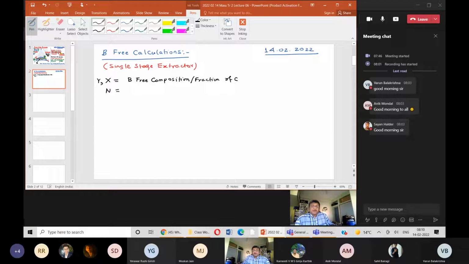If you can go back to your old notes, where I think in the second class I discussed the different notations. So this is the B-free composition, the fraction of C on a B-free basis. What this B-free basis means, we will talk about it. And N is the fraction of B.